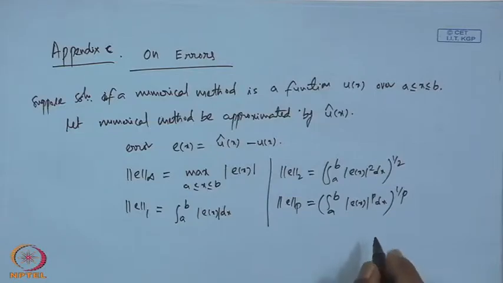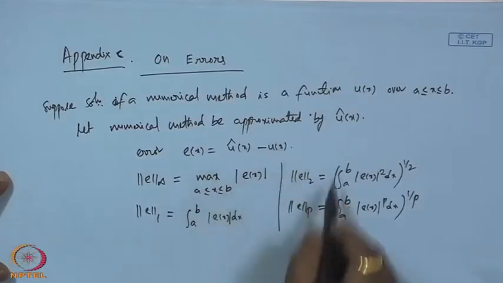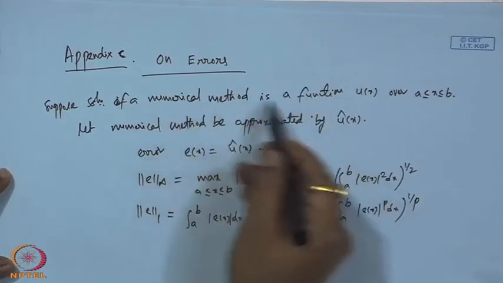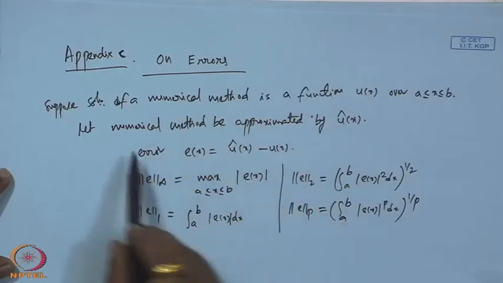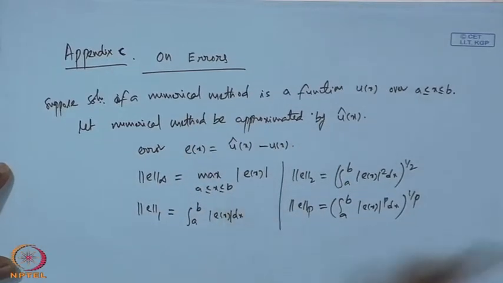Okay. So, now these are errors with respect to functions. So, the solution of the equation, okay, when I said numerical method, then the numerical method is approximated by this. So, these are the errors with respect to functions.